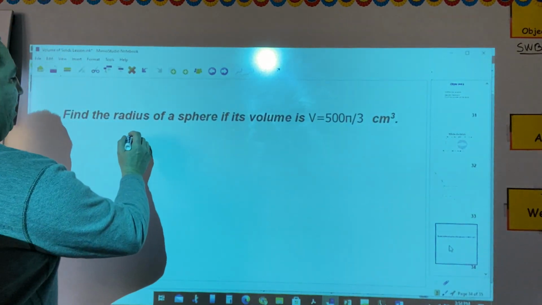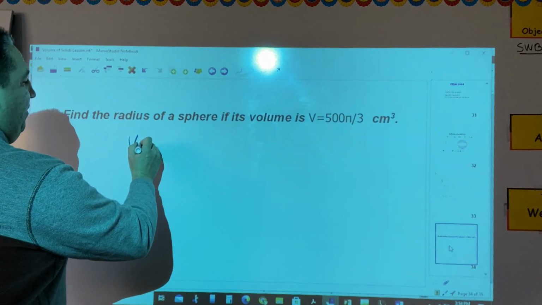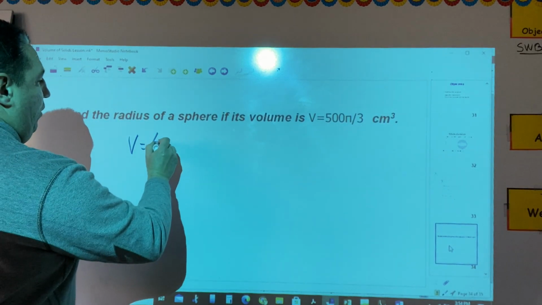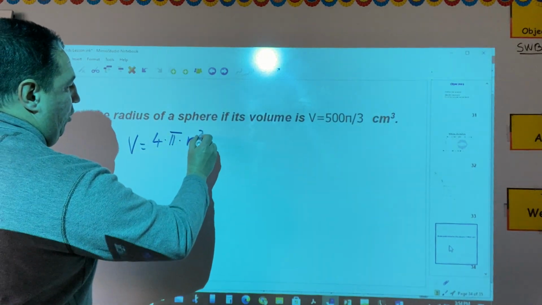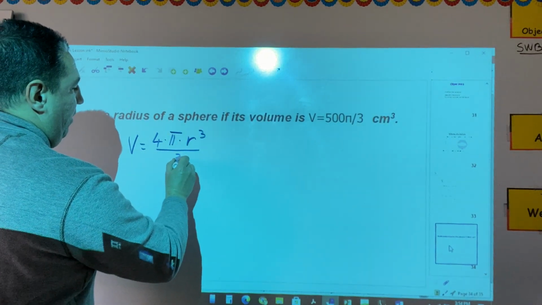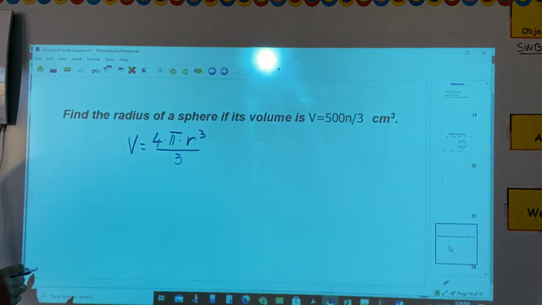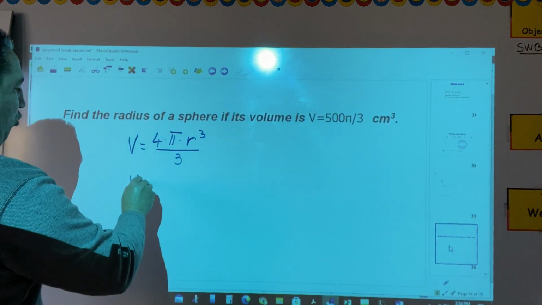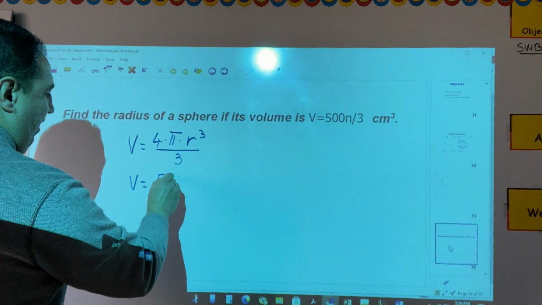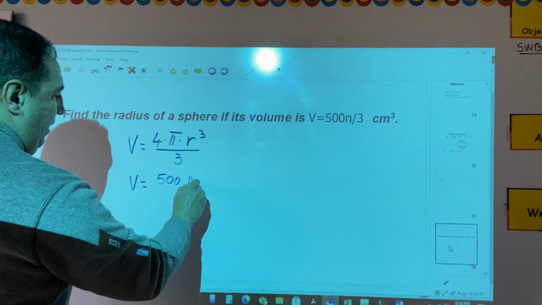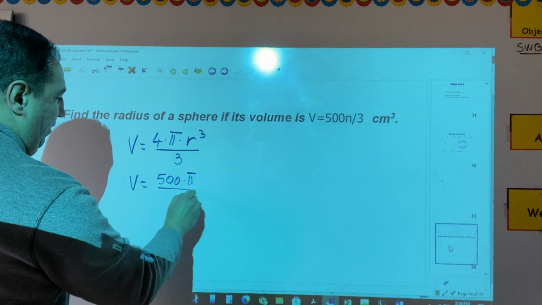We know the volume of the sphere would be 4 times pi times r cubed over 3. But at the same time, the volume of the sphere is given, and it is 500 pi over 3.